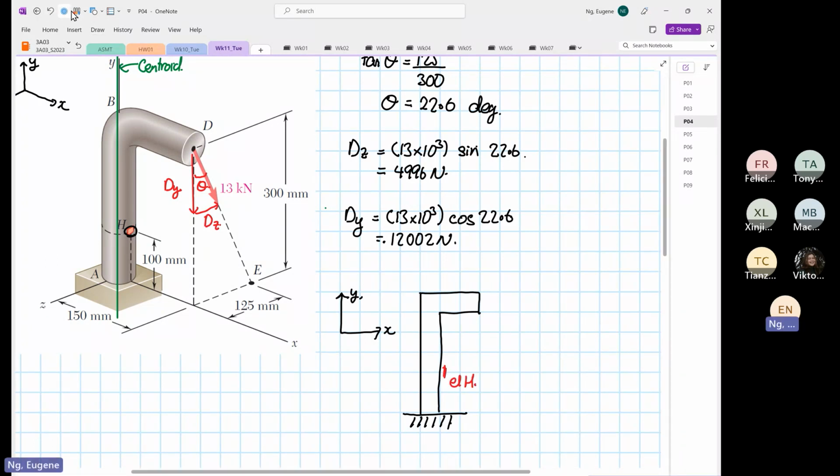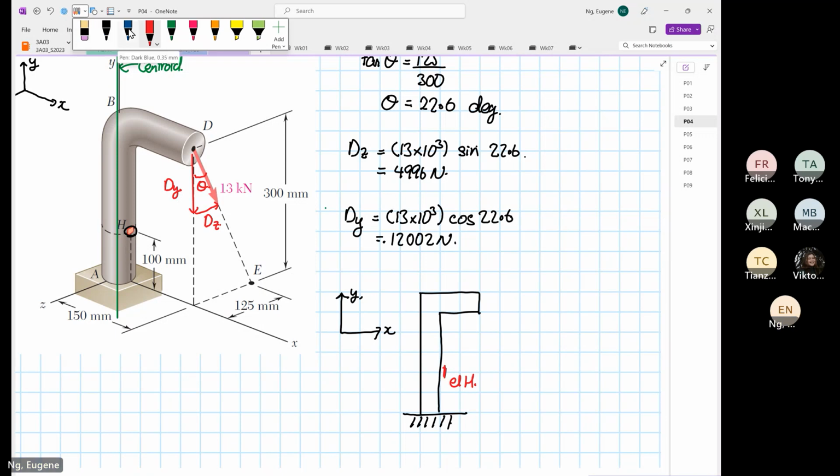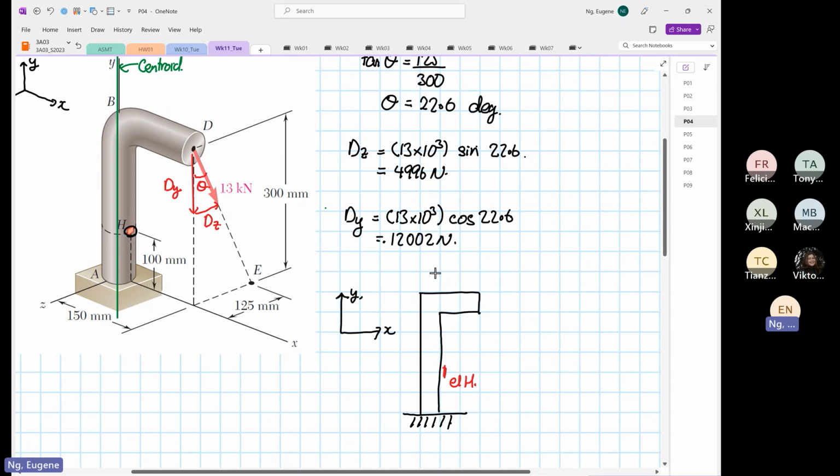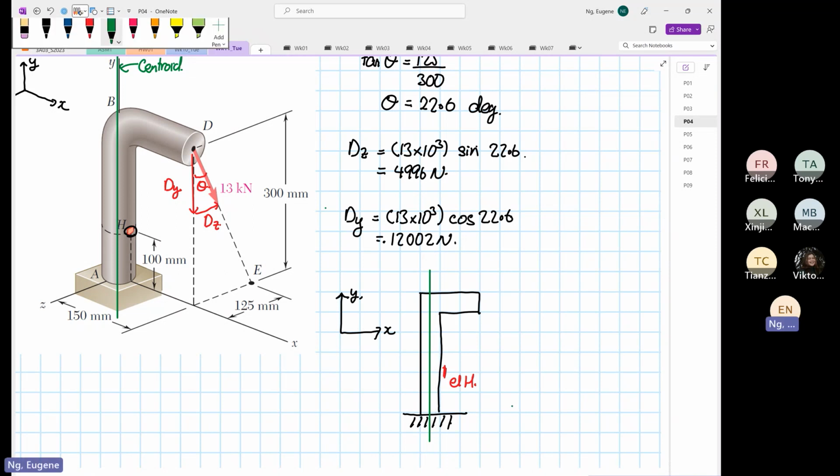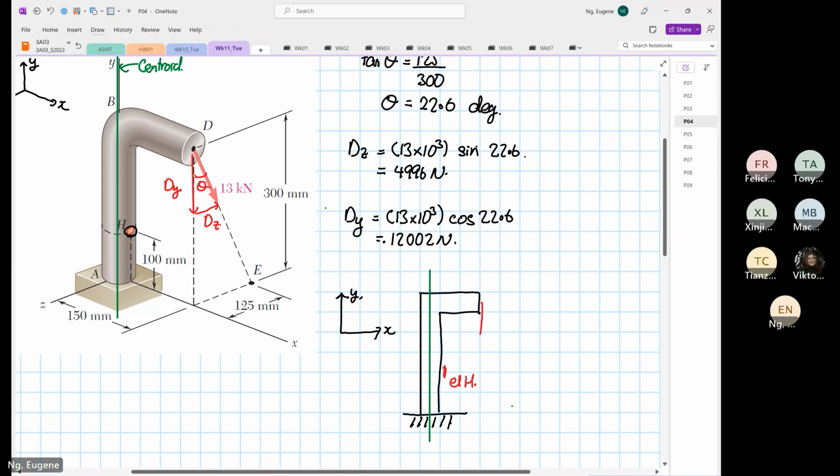And then we draw our centroid relative to the element of interest. Then we have a load coming down, which is equal to 12,002 Newton.